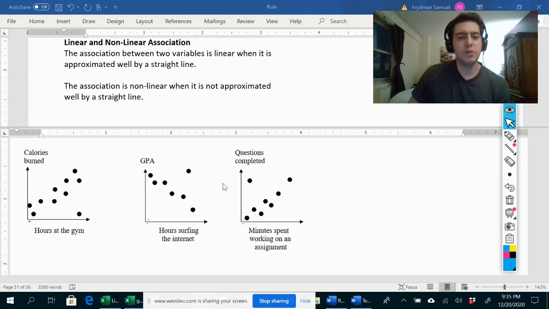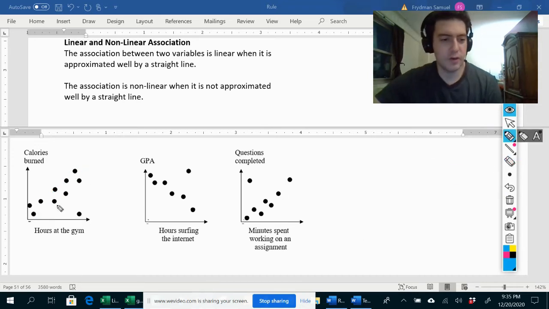The association between two variables is linear when it is approximated well by a straight line. So here there is a linear, I didn't draw that very well. I keep drawing the same line over and over again. I should tell myself just stop erasing this trend line, and then I won't have to draw it a million times.